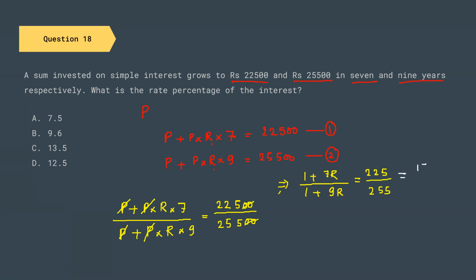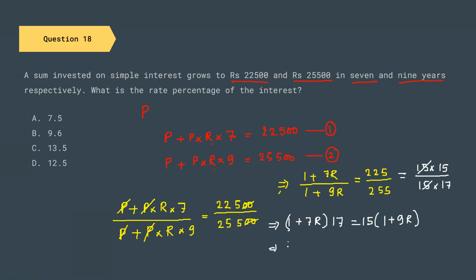It is 15 squared. Again, it is very important to remember all the squares of the numbers. And 255 is 15 into 17. So 15 will cancel this 15. So we are left with 1 plus 7R into 17 equal to 15 into 1 plus 9R.